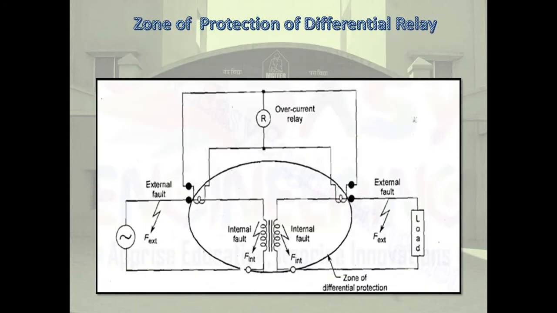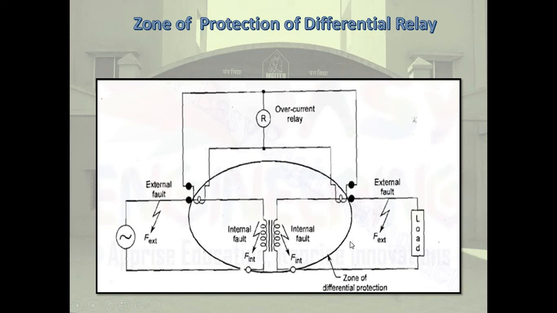Next, zone of protection of the differential relay. It is a simple example of the zone of protection of a differential relay. Consider that the fault is located at the point X. Like this external fault, F external, and this is the internal fault, F internal.